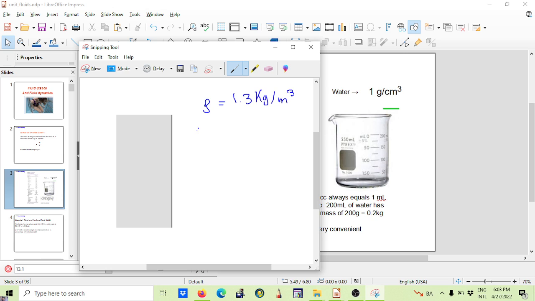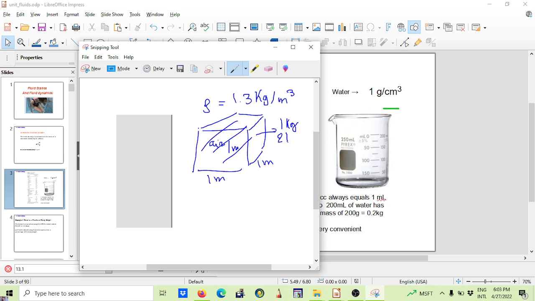So if you have a very small closet, 1 meter wide, 1 meter long and 1 meter in height, and it's only filled with air, the mass of that air is going to be about 1 kilogram. Okay, so it's going to be about 2 pounds. So it's not much, but still, the air does weigh something.